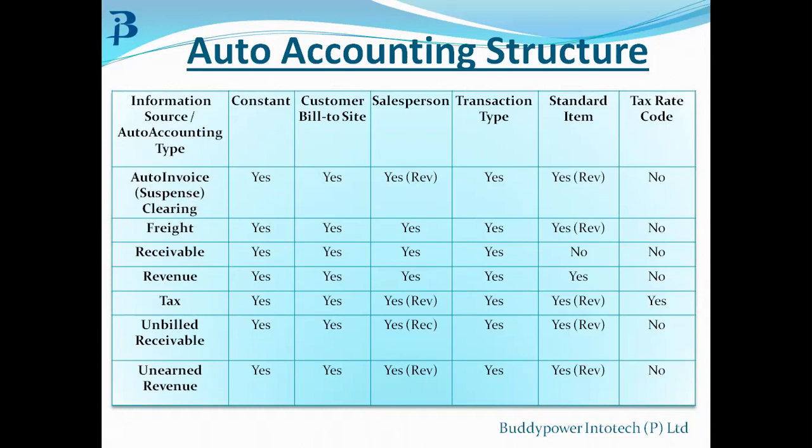Ma'am, could you please explain the suspense account one more time? See, a suspense account is basically a general ledger account that acts as a holding account until the error is discovered or the unknown transaction is identified.